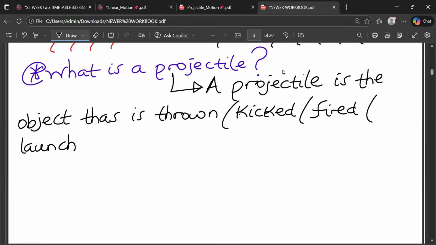I don't know what name is given to those things that are sent to the moon. Those are the things that are launched, or launched into the air in most of the cases.